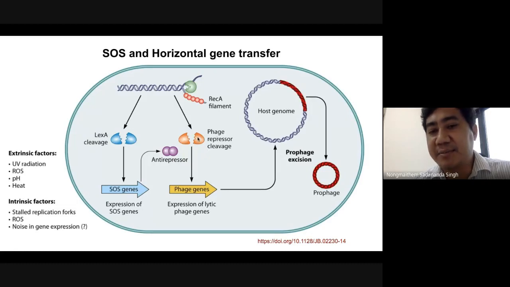Many of these phage repressors are important for the bacteriophages which are integrated in the host genome to be lying idle. So now the bacteriophage repressor is cleaved, it's no more repressed, the phage genes are expressed, and the phages can come out as a prophage, and it can help in the spreading of antibiotic resistance genes.